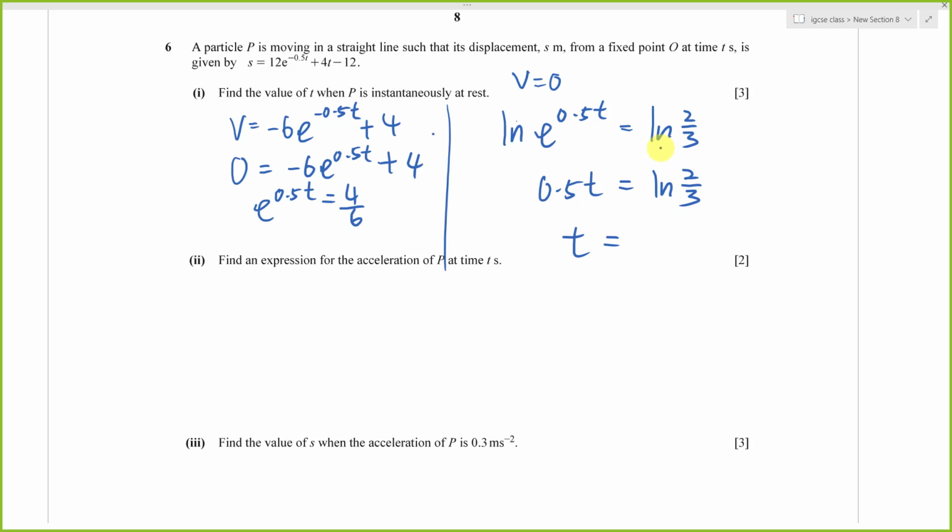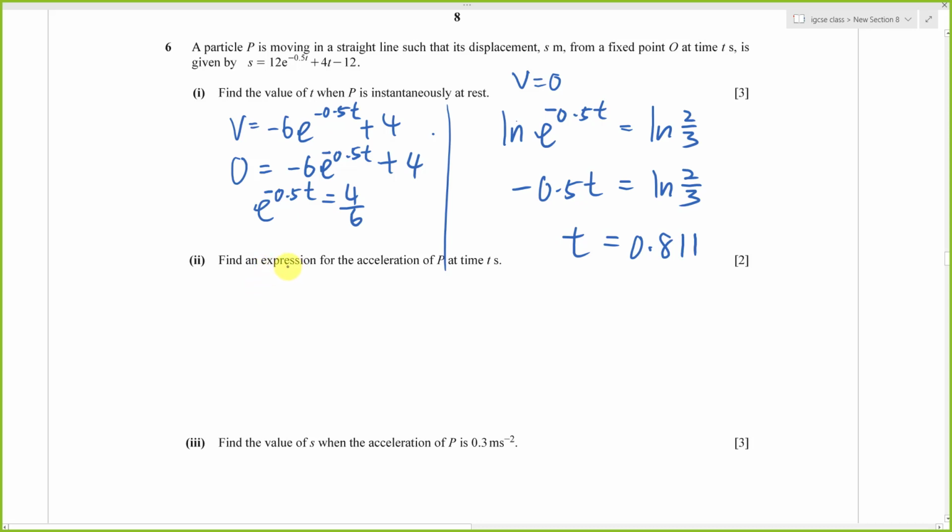Oh, yes, I saw it, this sign here has a negative. So it's correct then. 0.811. Because I subtly ignored the negative power for the e here.